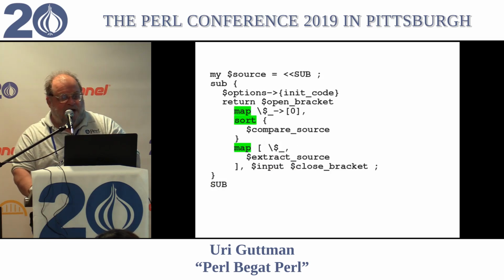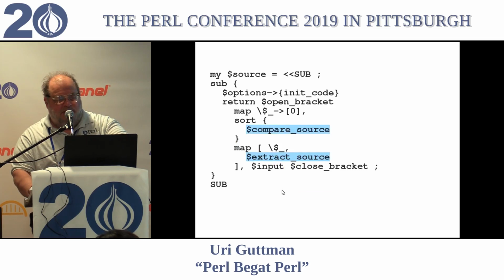Now here, as we actually build the actual code, look at the map, sort map, just like we had before. All right, there we go. Now there's this compare source, and there's the extract source. Okay, so the first map here is getting the results out of the sorted array.